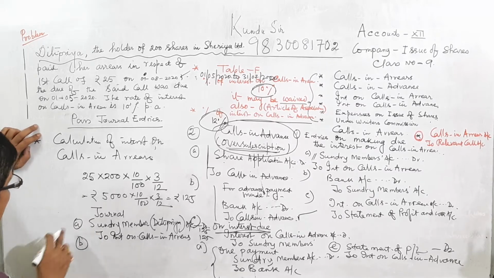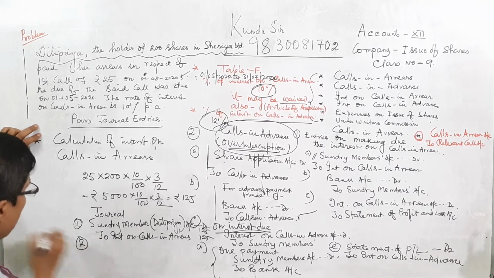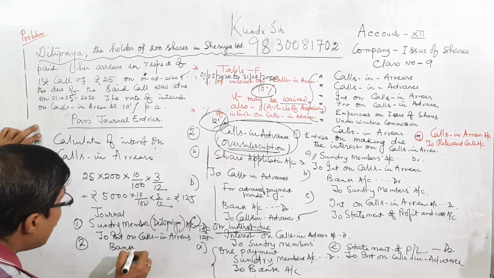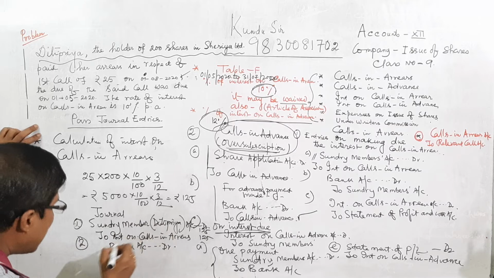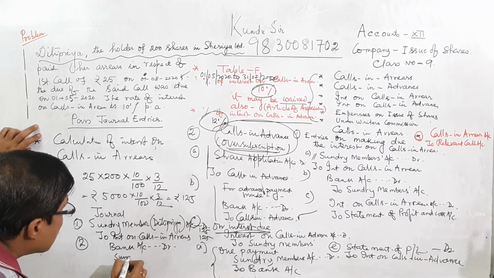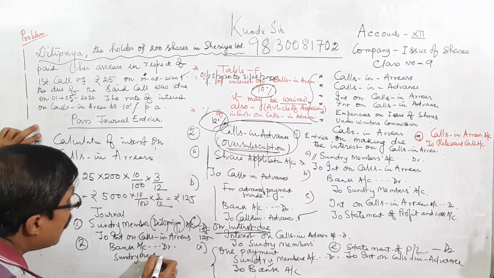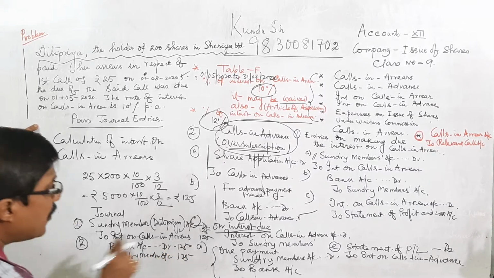Then Ditipriya is giving payment, so the second entry. It is the first entry, and now Ditipriya is making payment. Then bank account debit to Ditipriya, that is sundry members account. We have received 125 and 125.